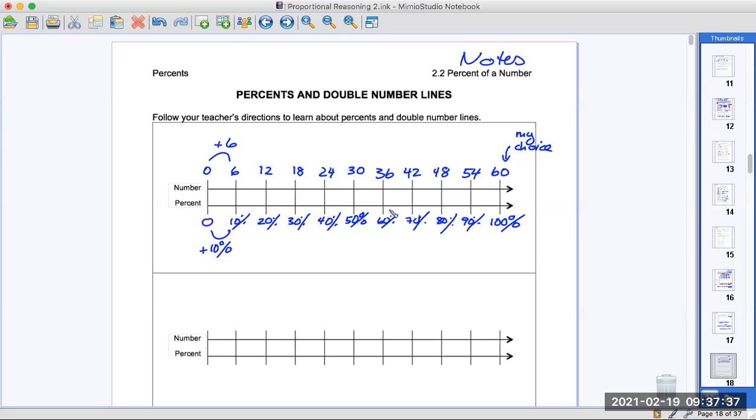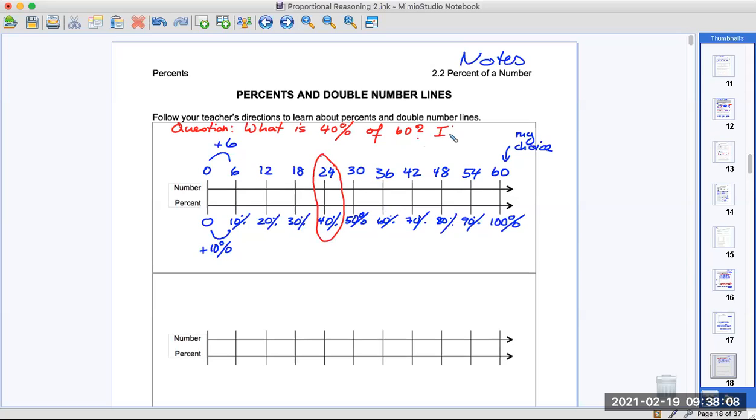Okay, multiples of 6. So now here comes my question. What is 40% of 60? Question mark. 40% of 60.